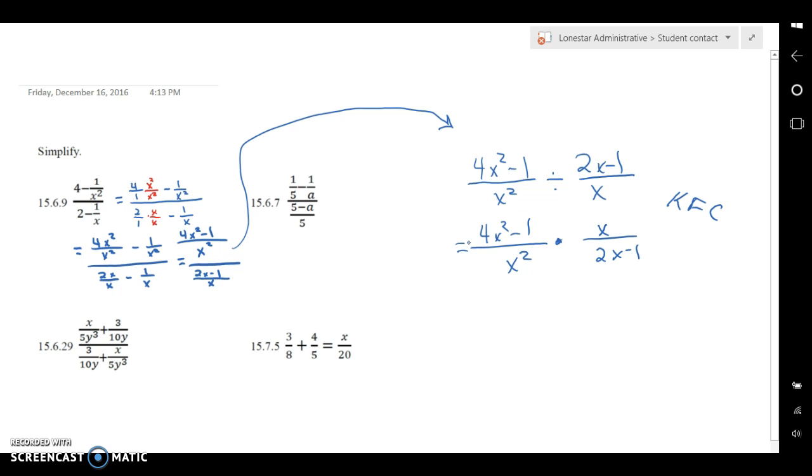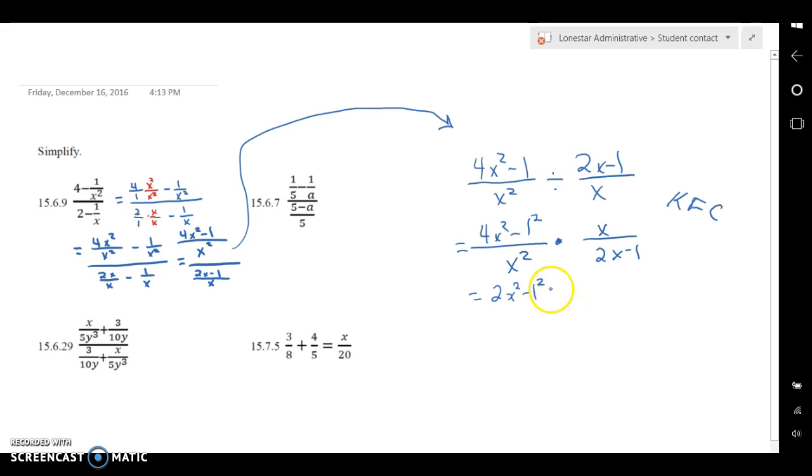All right, so now what do we do with this? Well, let's see if we can factor this numerator. 4x squared looks like a perfect square, and it is. 2x, all of that squared, becomes 4x squared. But we need a perfect square here if we're going to factor it, and 1 is the same thing as 1 squared. So we can rewrite this as (2x) squared minus 1 squared, and that gives us a difference of squares.